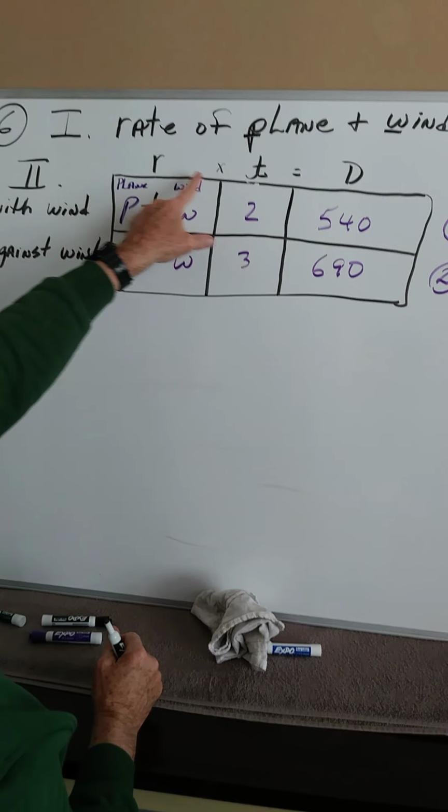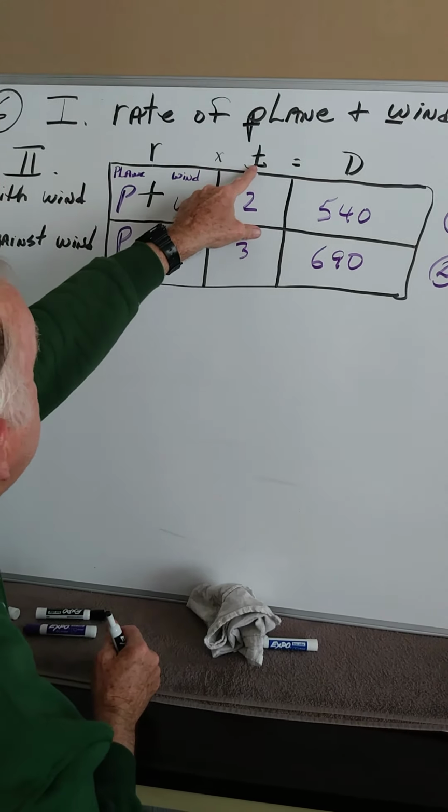Rate multiplied by time equals distance. Here's the rate, there's the time. We have to set these up to mean multiply. We are not going to put the P plus W down first because it's a binomial. We're going to kind of interchange these variables and commute a little bit.